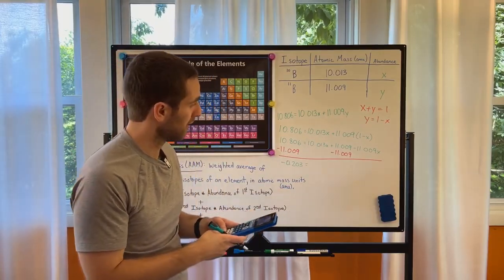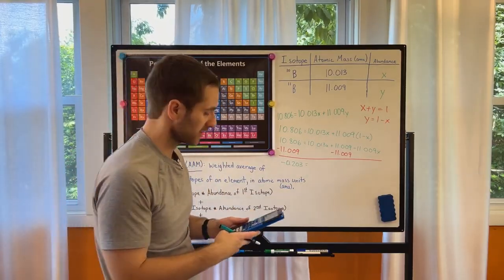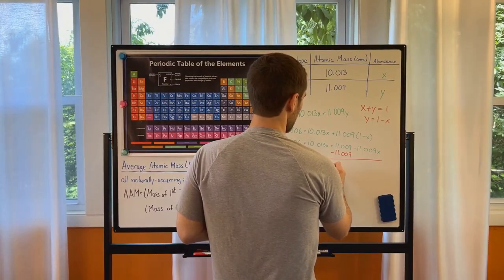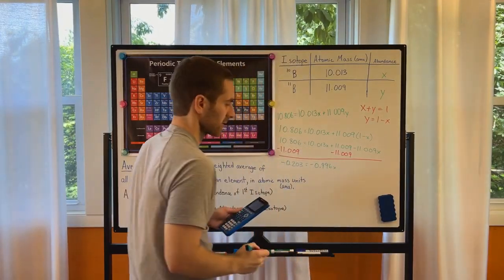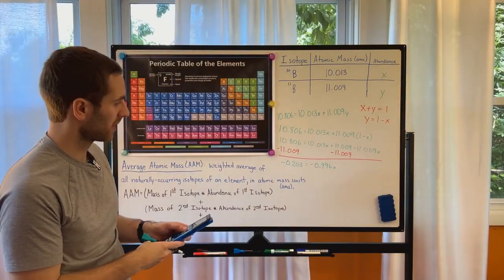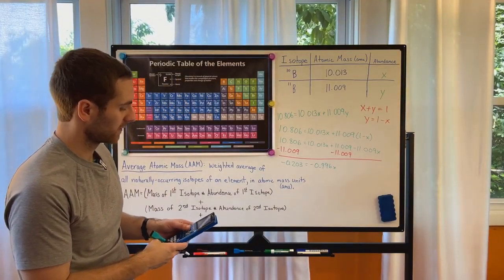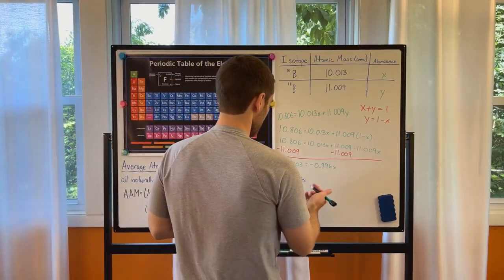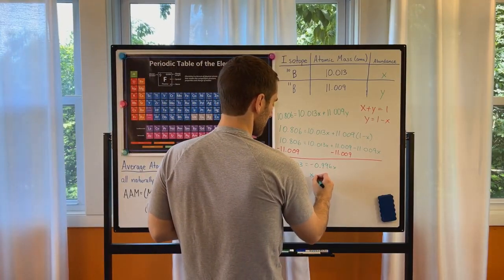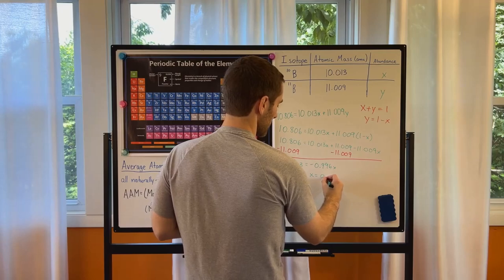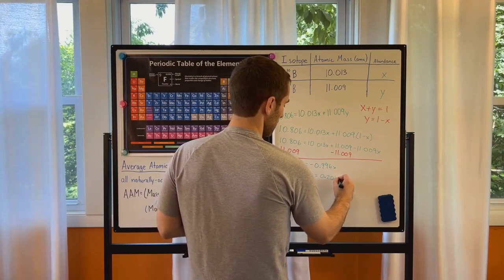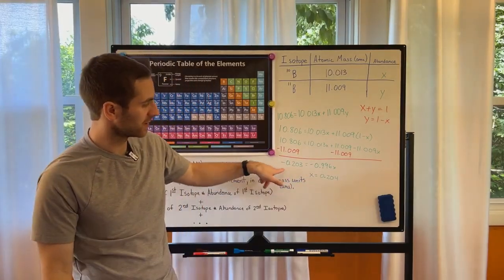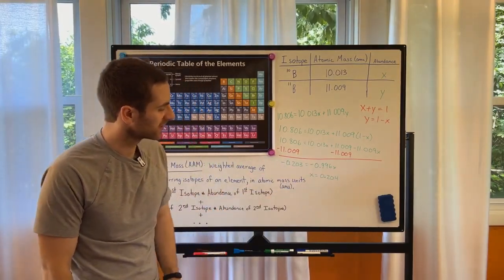That's going to be negative 0.996x. Divide both sides by negative 0.996, and we get that x equals 0.204 to 3 sig figs, which is what we would keep because each of these has 3 sig figs.